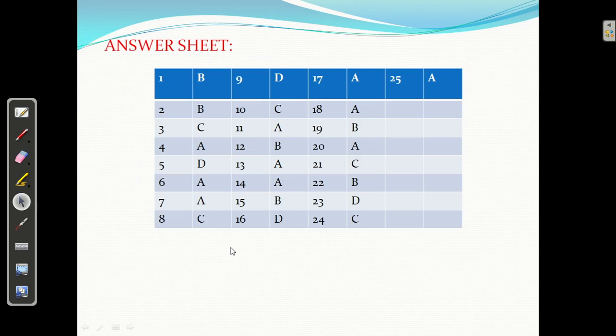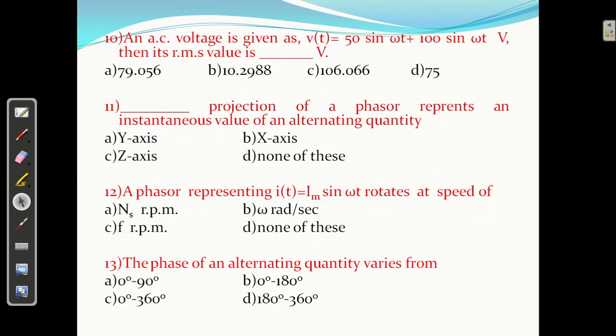This is the answer sheet. Here in answer sheet, question number 10 was there, and in this question, I'm just going back. 10, VT 50 sin plus 100 sin. Answer was this A, na. Actually, here in answer sheet it is written C, but it is not correct. VT equal to this, it's RMS value.